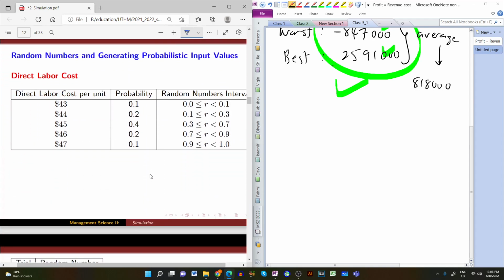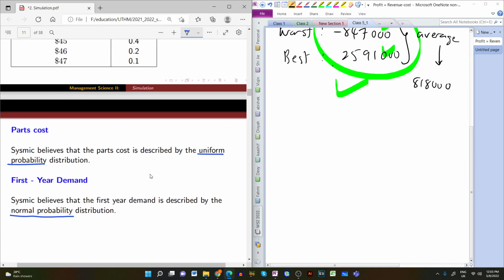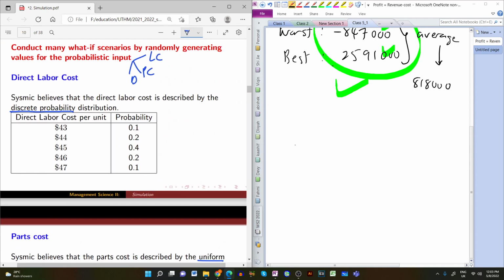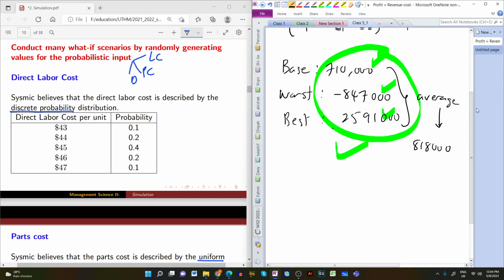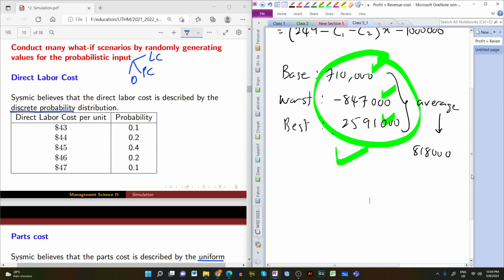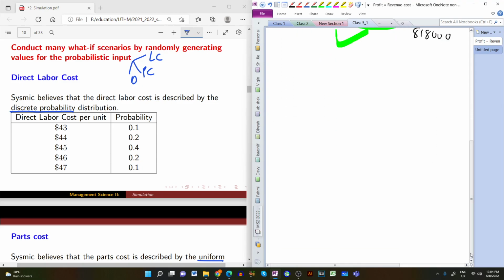Now my idea is, as I told you, I'm going to compute 10 times, not only base, worst, and best. I'm going to simulate 10 times. I'm going to take the 10 profit and I'm going to take the average.